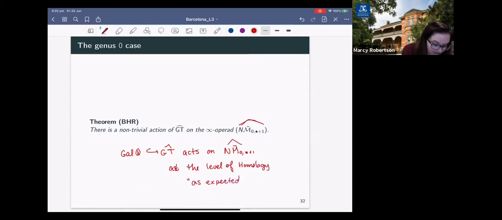I think this is the thing I'm saying. So in other words, you can go through this whole operad rigmarole and get closely related to the goal of understanding how the Galois group, or definitely how GT, acts on the surfaces, and hopefully learn something this way. Okay. Great. Pause.